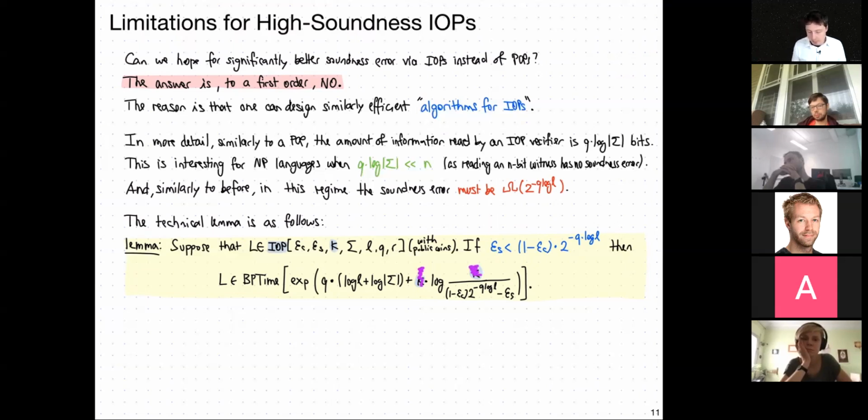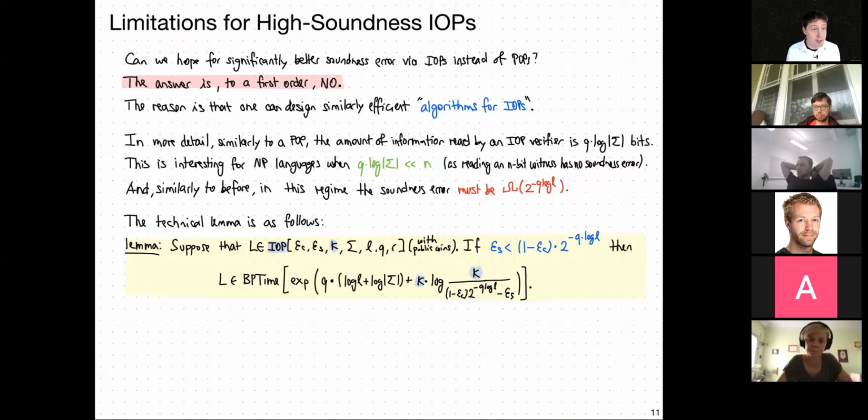Okay, whatever. Anyway, the bigger term is this one, and I've highlighted in light blue the only differences from the previous lemma. We're talking about IOP rather than PCP. There is round complexity, and round complexity shows up here. If you set this to PCP and this to 1, that is the theorem for PCPs. So it's very analogous, okay?